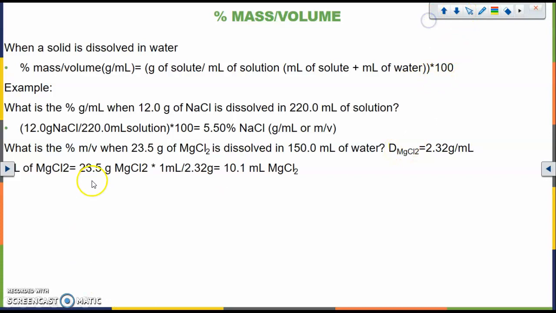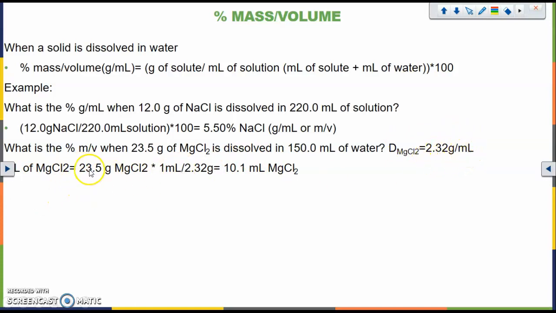Okay, so the first thing is we need to convert this grams of magnesium chloride into milliliters of magnesium chloride, because we need to have a total volume of solution first, which is shown here. So I use this relationship. Now remember that this is 2.32 grams over 1 mil.